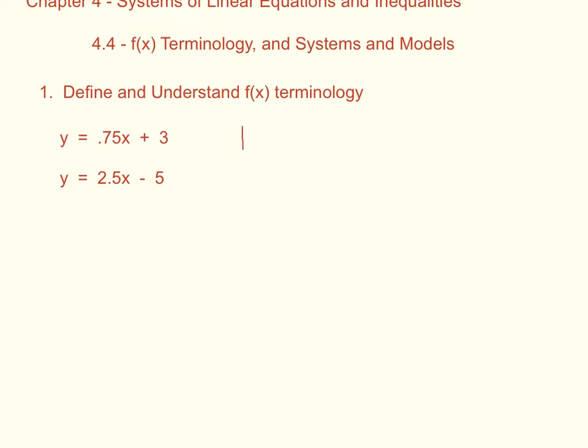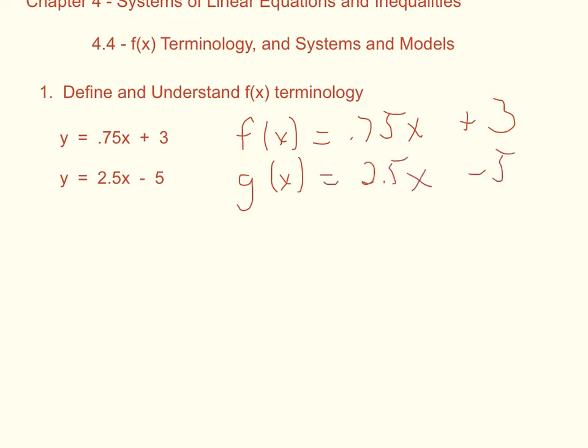Instead of y we say f of x, the function of x, equals 0.75x plus 3. The second one, we make another one, g of x. We could just as easily have said h of x, t of x, s of x, whatever. But g of x equals 2.5x minus 5.